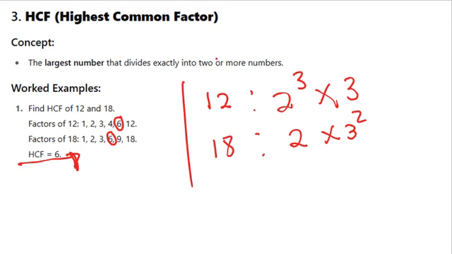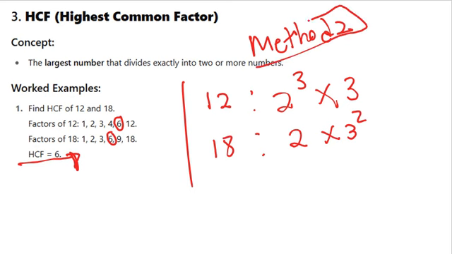Okay, so this is another method, method 2, and I prefer to use this method because it's easy. This method is using prime factorization. So 12 and 18. So how do we get the highest common factor now?